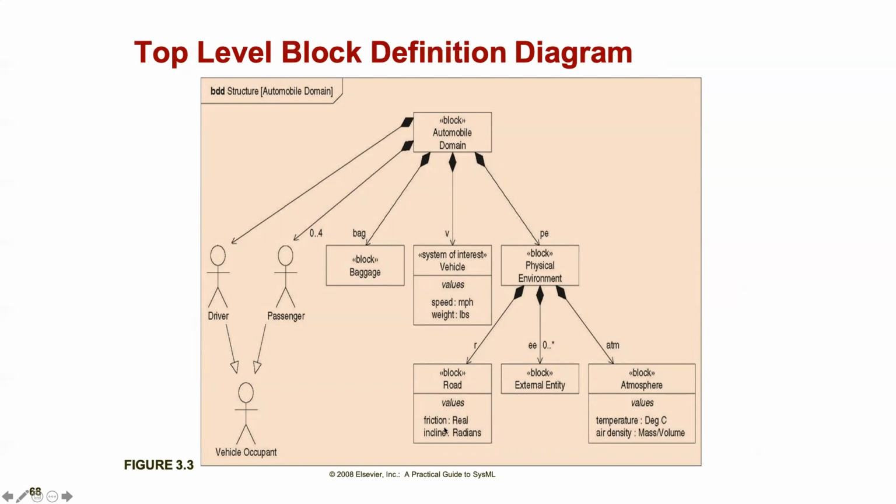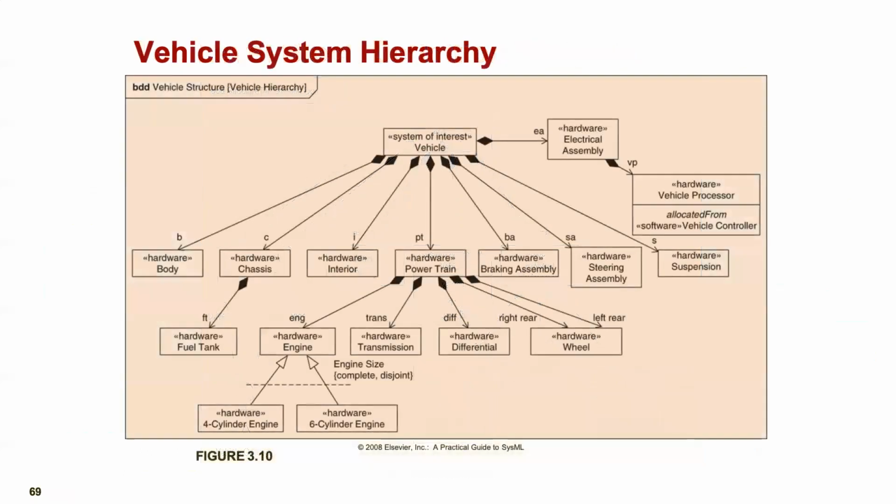And then we have this ability to include more details down here, as we're showing some examples of values. That's one of many types of fields that you can have that would be included in a block. This is giving you an example of a vehicle system hierarchy. We showed this already, and then we have more definition that is put into the powertrain subsystem.